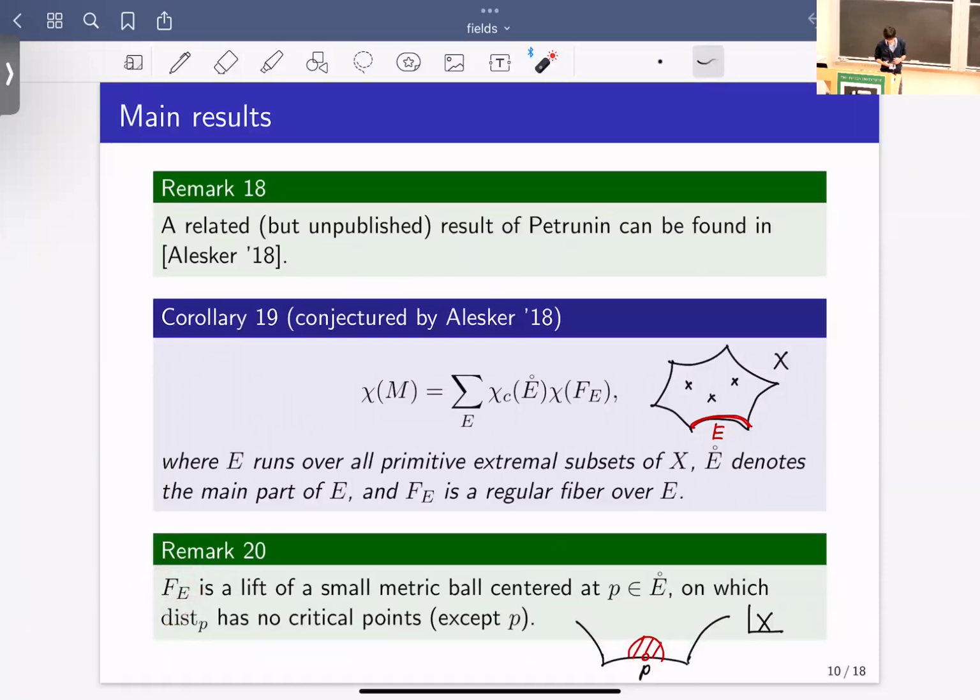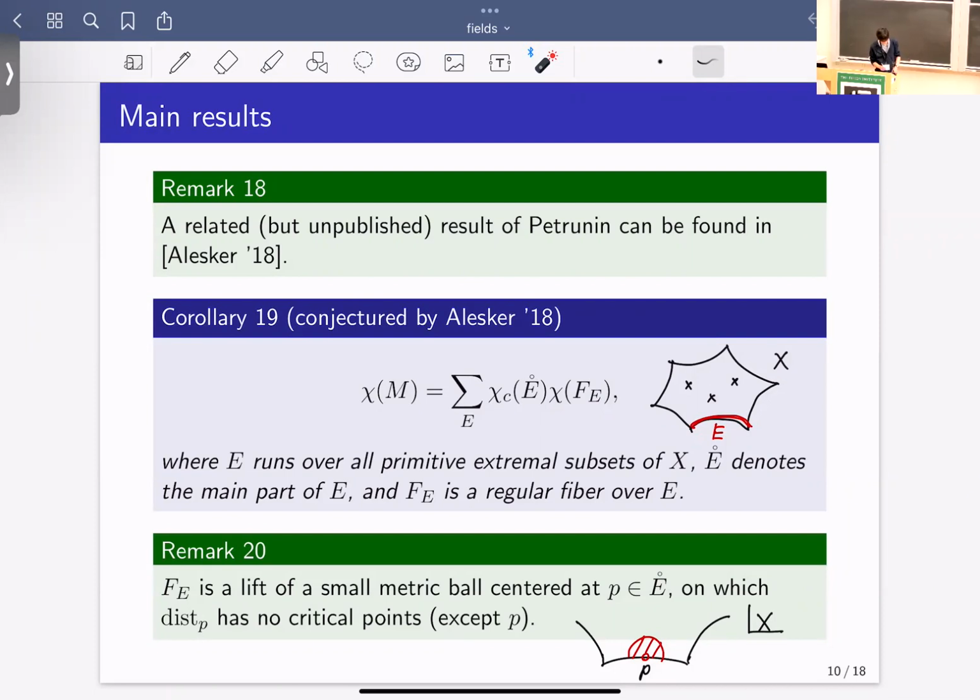And it turns out that the homotopy type of a regular fiber does not depend on the choice of P, and it only depends on the extremal subset E. So in particular, the Euler characteristic of a regular fiber is well defined, so this formula makes sense.